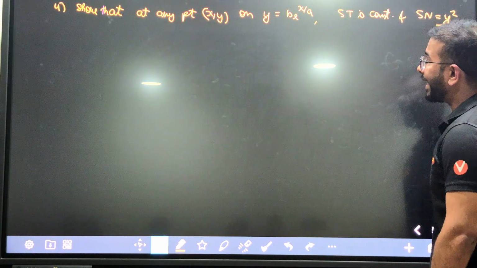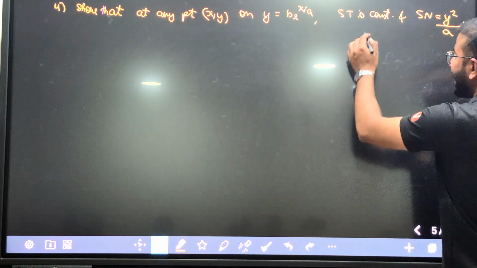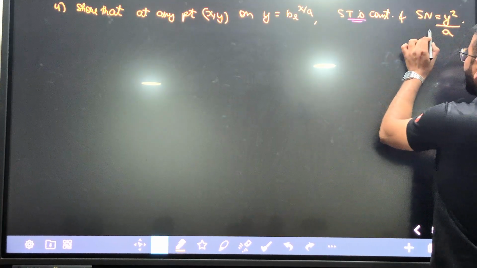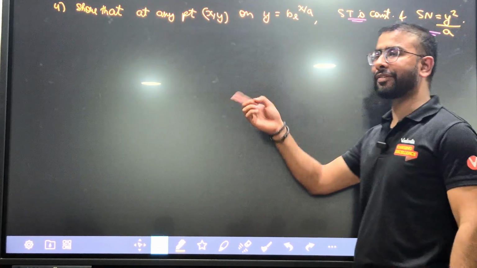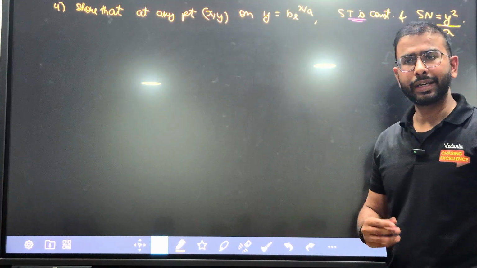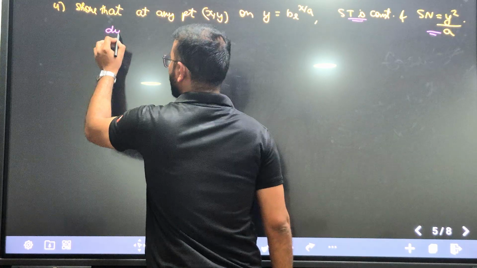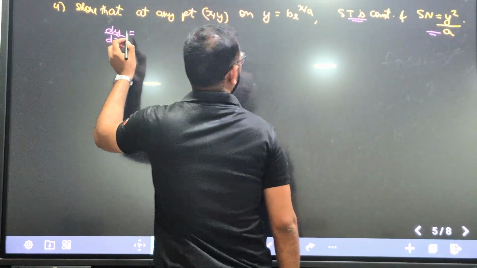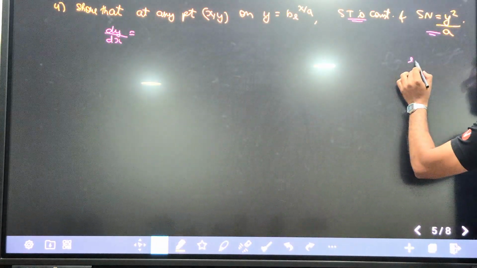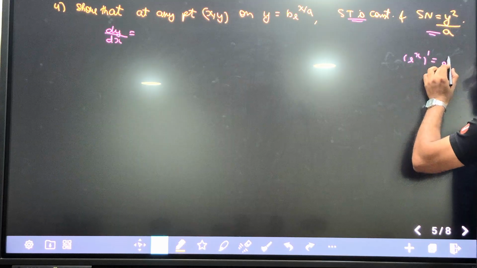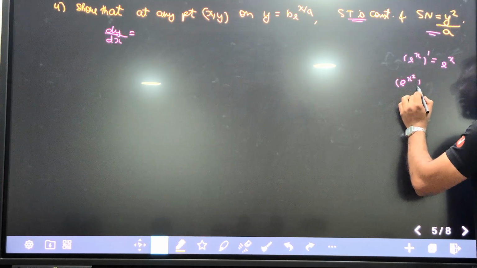Show that at any point on this curve, subtangent ST is constant and subnormal is this. Again, y is given. First, what will we find out? Differentiation, dy by dx. Let's get dy by dx. So again, let me start. What is e power x differentiation, guys? E power x. What is e power x square differentiation?